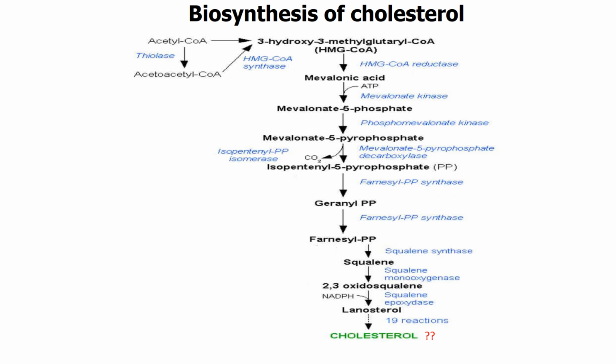The next stage is catalyzed by phosphomevalonate kinase to give us mevalonate 5-pyrophosphate. That molecule will lose carbon dioxide by the action of mevalonate 5-pyrophosphate decarboxylase to give us isopentenyl pyrophosphate, PP.